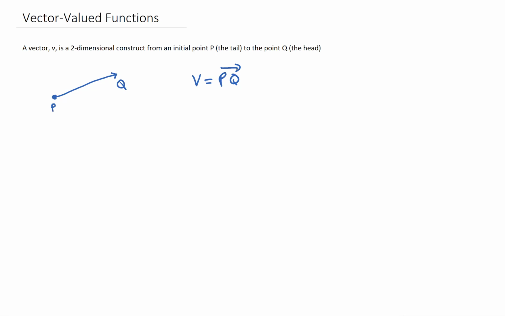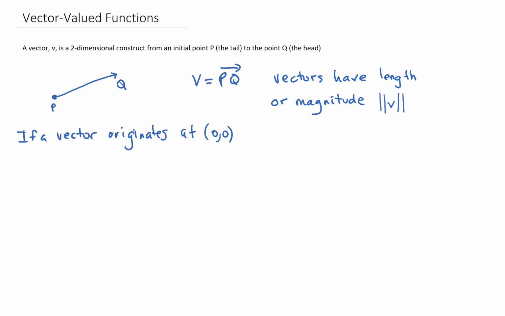Vectors have length, also known as magnitude, which has the symbol double bar of V. If a vector originates at the origin, it is called a position vector.